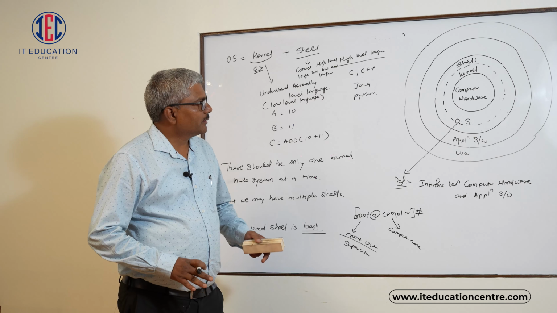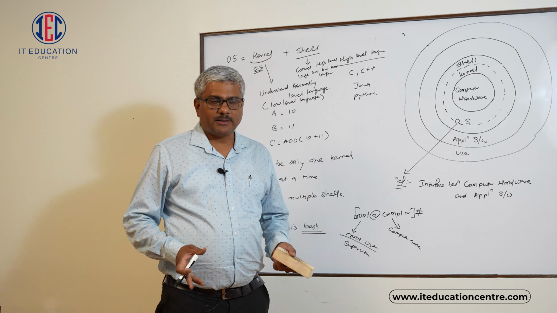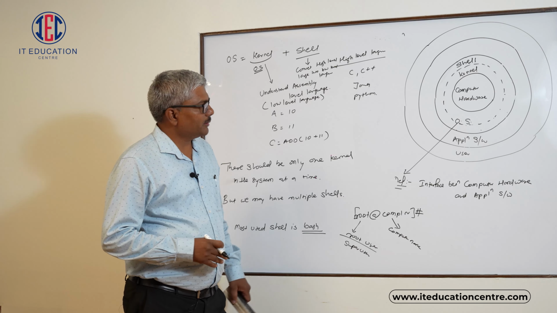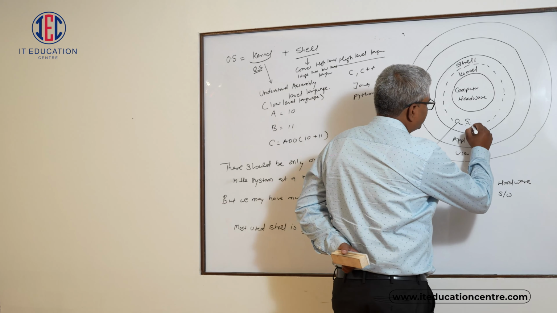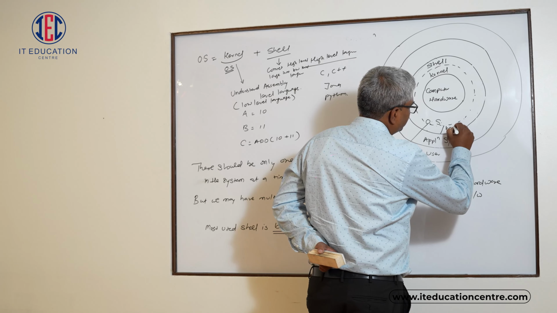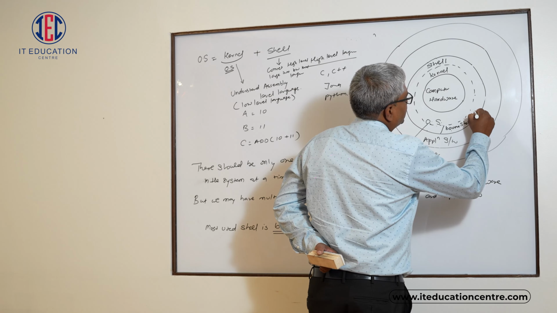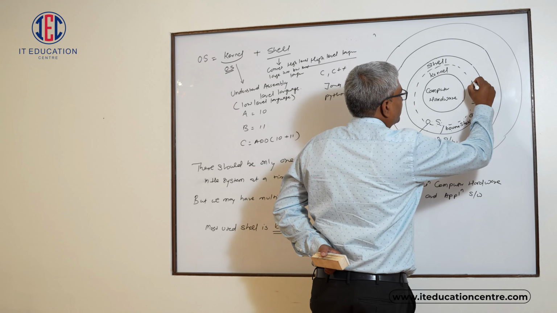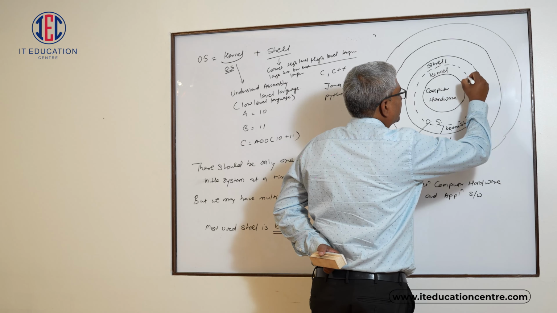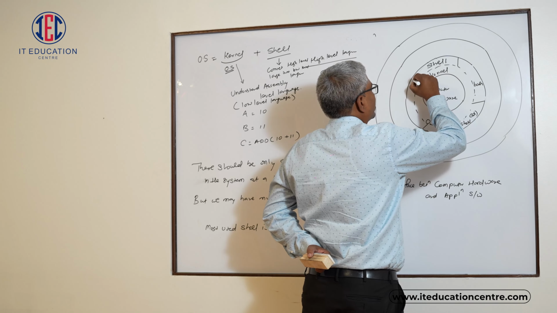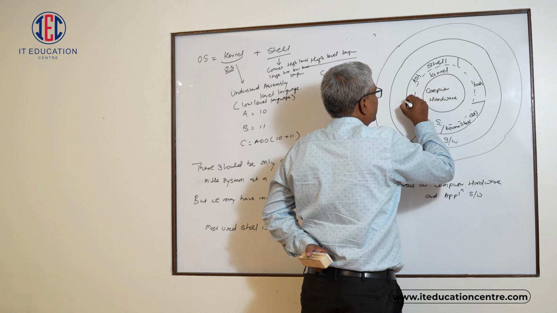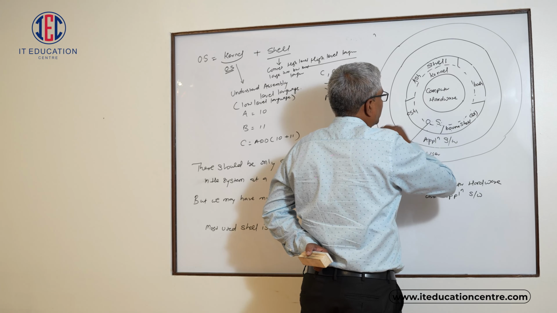There are different shells available: Bourne shell, represented by SH; Bourne again shell, which is nothing but bash shell; next is K shell, and last one is C shell.